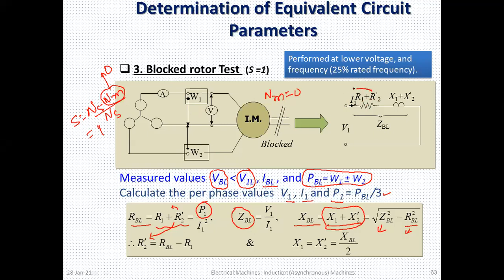So these two values we have found, and in fact ZBL we have calculated. The important part is that it is performed at a lower voltage and a frequency of 25% of rated frequency. This means the test is not performed at the rated voltage; the rated voltage is not applied here, but below the rated voltage, and the frequency applied is 25% of the rated frequency.